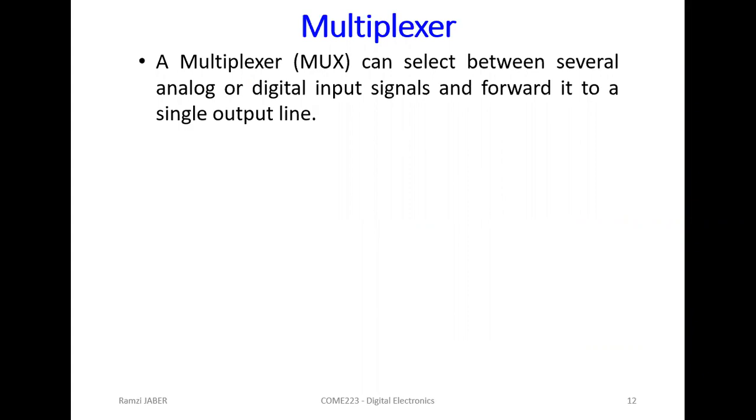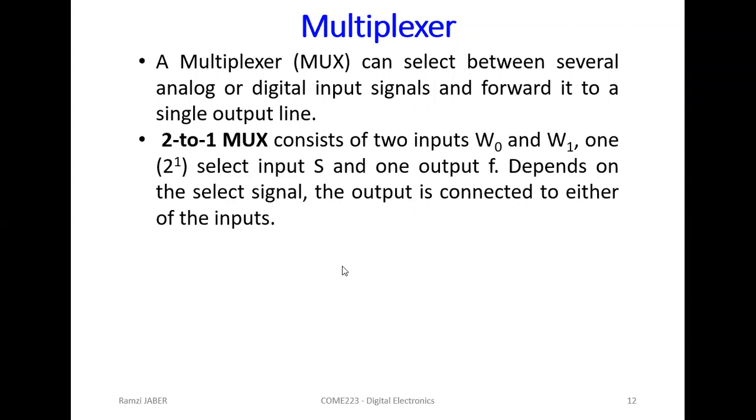What is a multiplexer? A multiplexer, abbreviated MUX, can select between several analog or digital input signals and forward it to a single output line. It can be many inputs, one output.